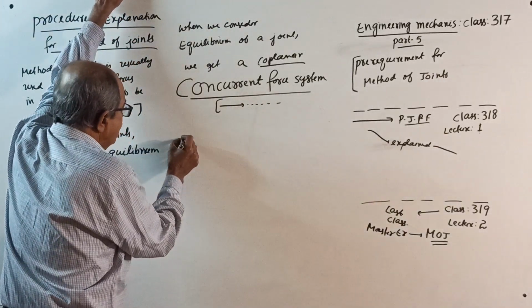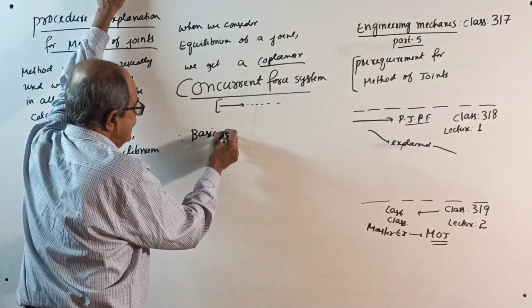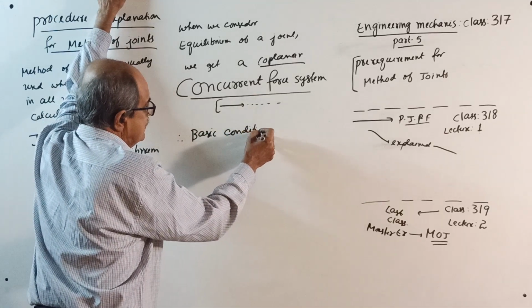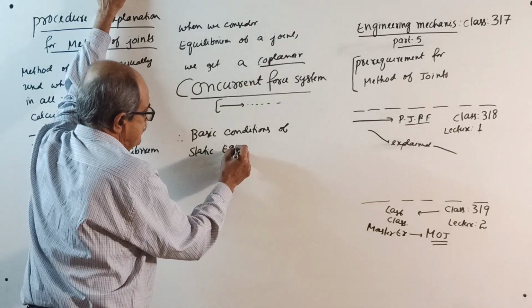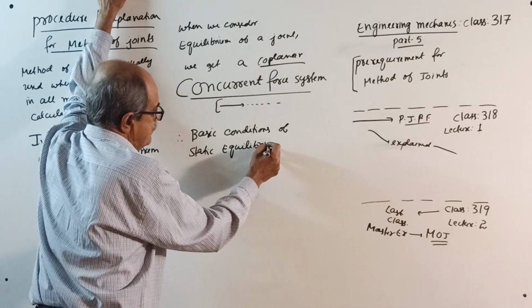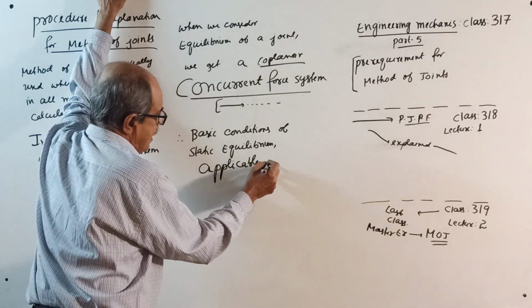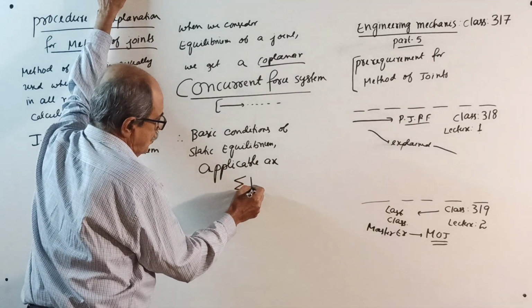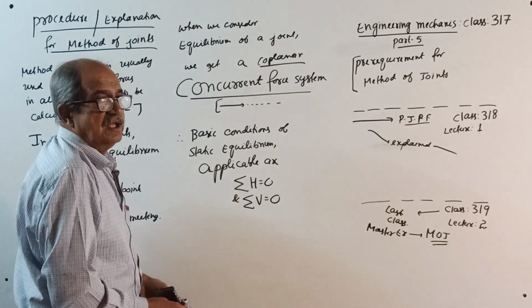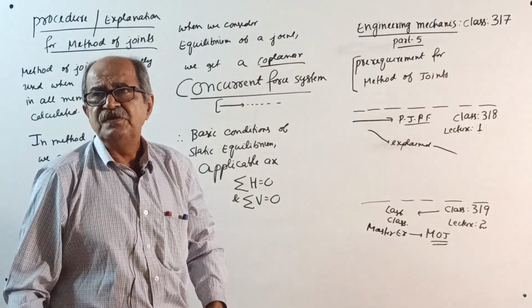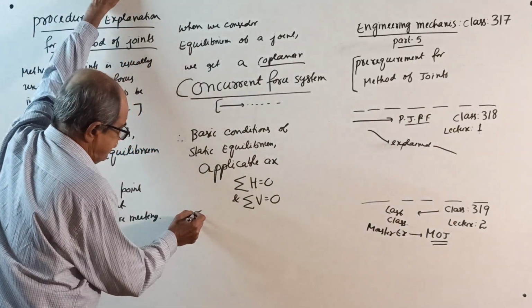Okay, now, therefore, the basic conditions of static equilibrium applicable are sigma H equal to 0 and sigma V equal to 0. That's all. Right, which earlier we used to call sigma Fx equal to 0 and sigma Fy equal to 0. Make a note.